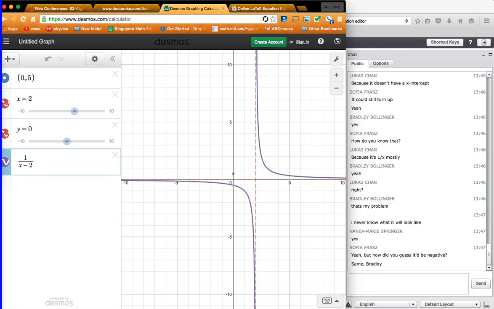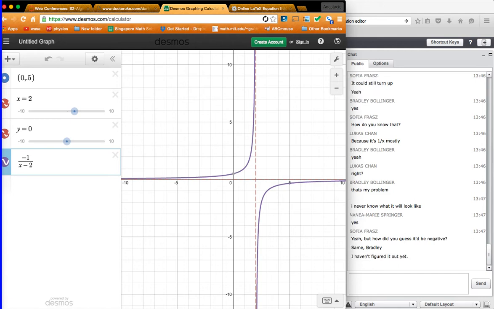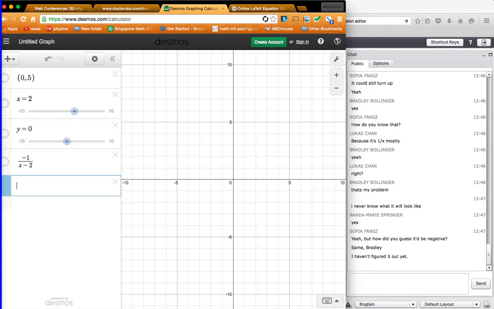What do you mean, how did I guess a negative? Oh, okay. I think what you're saying is that, here, let me turn this graph off. Let me turn everything else off, all right? And then let me just say, I think that you're thinking 1 over x.